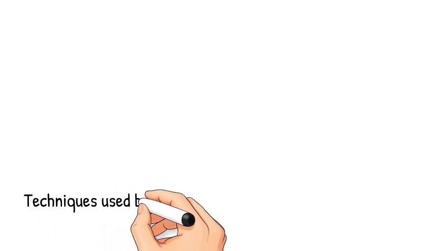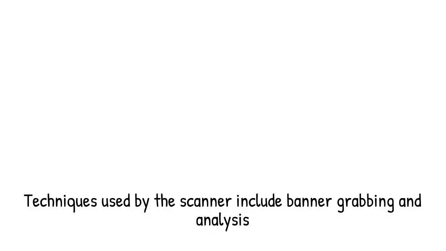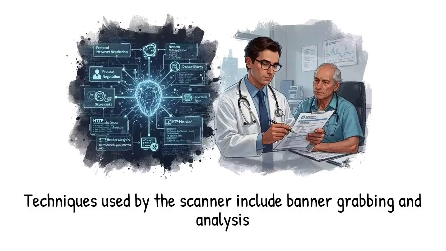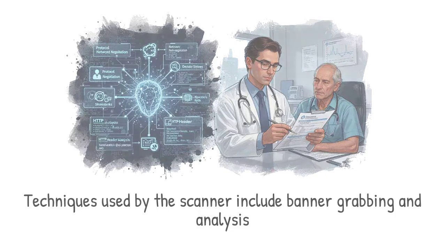It does this using techniques like banner grabbing, packet analysis, protocol negotiation, TLS handshake inspection, service probing, and HTTP header analysis. It's like a doctor identifying the patient before diagnosing the illness.